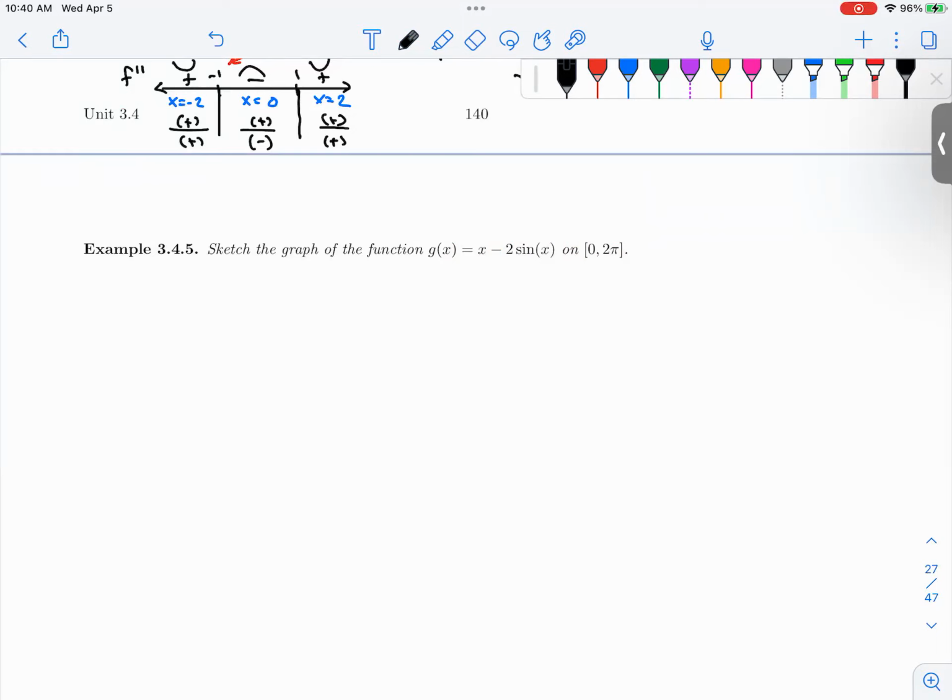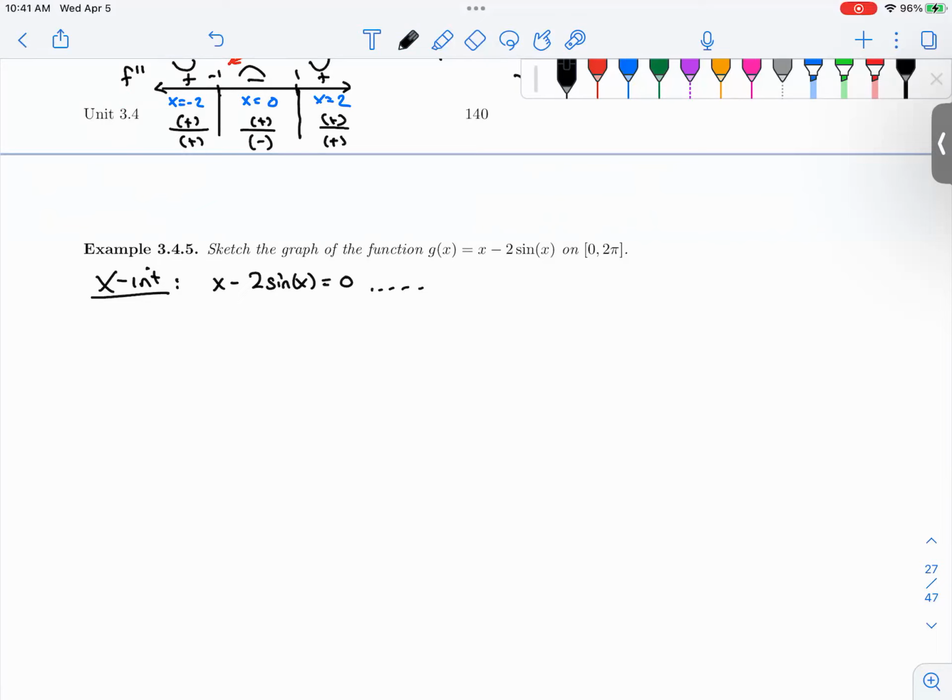So the only thing we're going to be looking at are x-intercepts. x minus 2 sine of x equals 0. Do you guys know how to solve that? That's one of those ones where this is where computers come in handy. There's not really an easy way to solve this by hand.